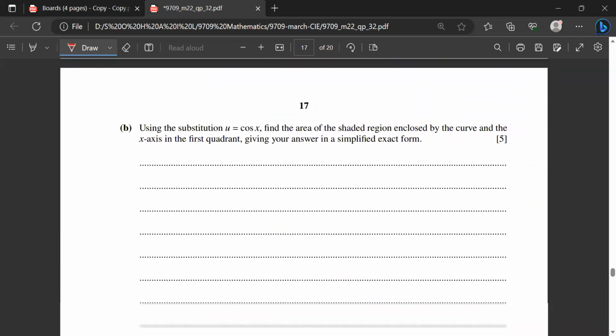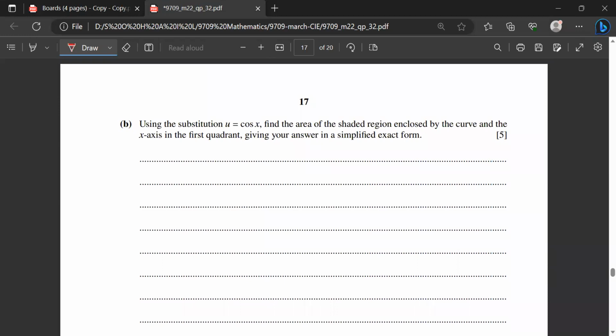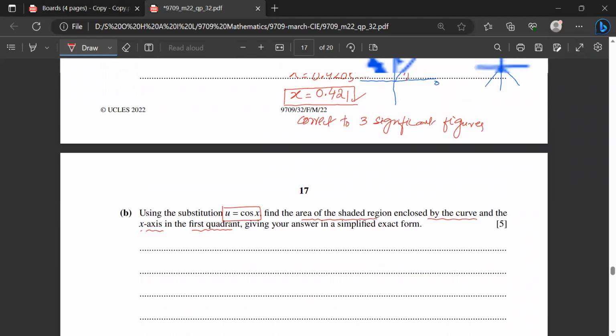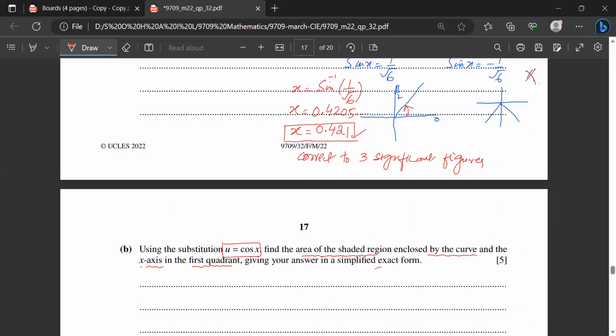Second part: using the substitution u equals cos x, find the area of the shaded region enclosed by the curve and the x-axis in the first quadrant, giving your answer in a simplified exact form.